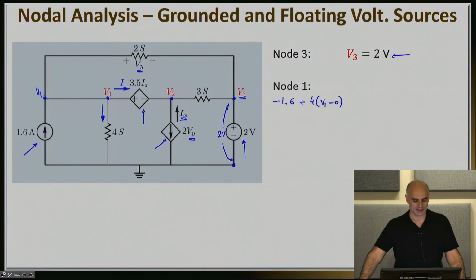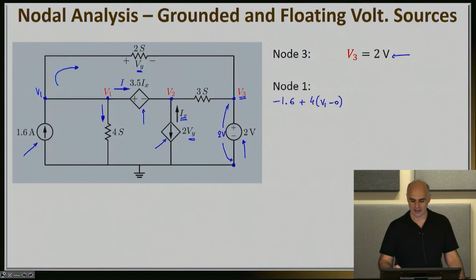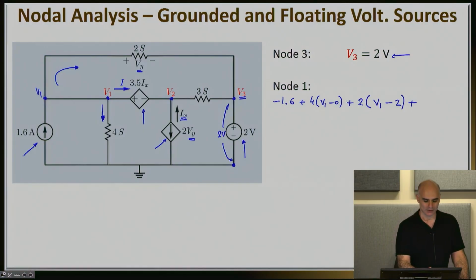That's this current. Then I have the current that leaves this node through the 2 Siemens conductor, and therefore I will have plus 2 times the voltage difference across that, which is V1 minus V3, but V3 is equal to 2, so I will write it this way. Plus now the current that leaves to the right through the dependent voltage source right here.